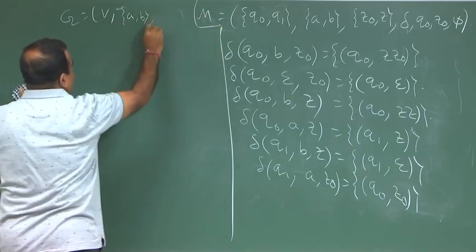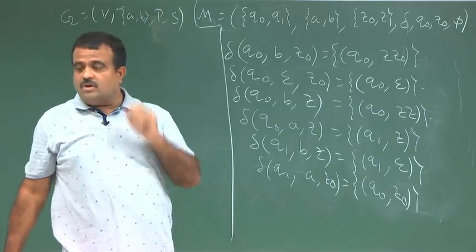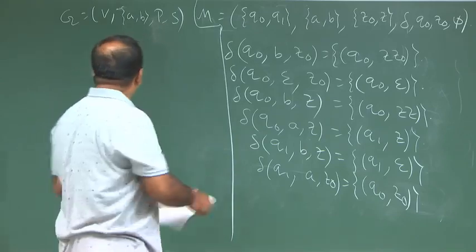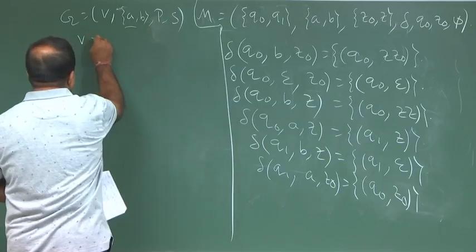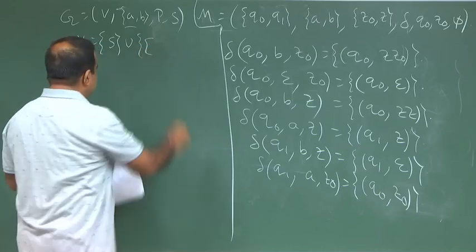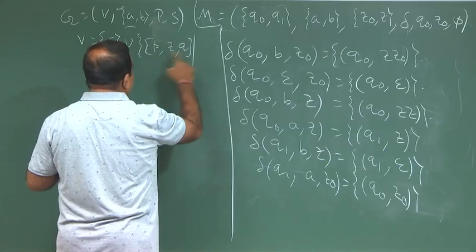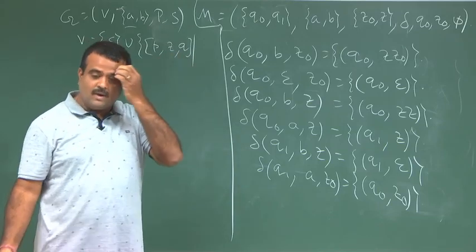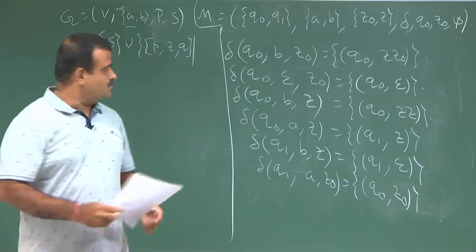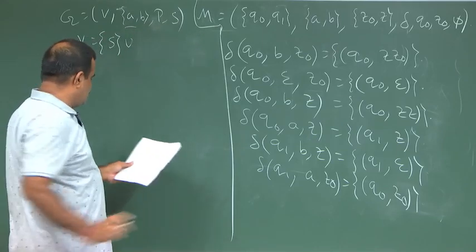Basically we have to define the V and S. As we said, T is given this and V is basically S along with all the tuples like this [p Z q], where p, q are coming from the set of all possible states and Z is the stack alphabet. If you do that, then the variables are basically this.